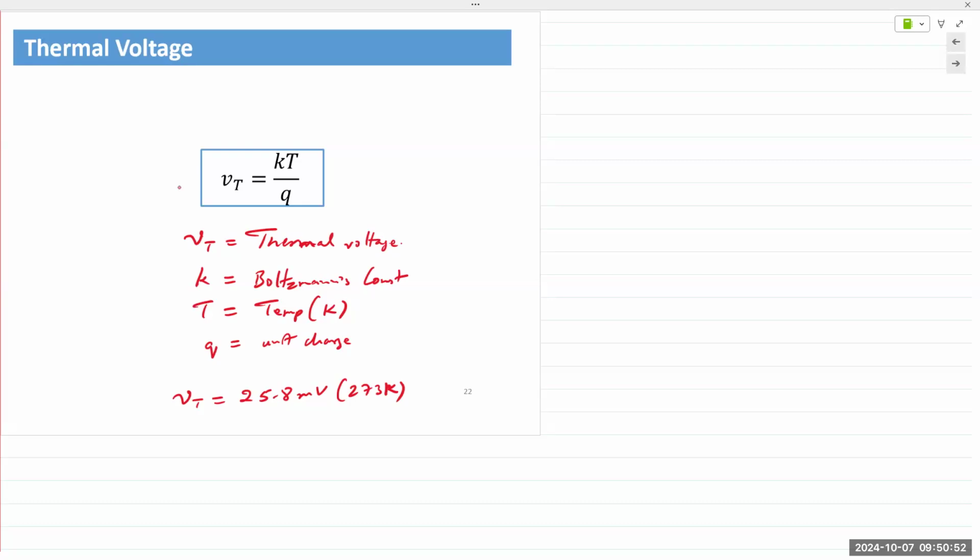So it's a thermal voltage that arises due to temperature. It's similar to the voltage that arises between two dissimilar metals due to temperature. 1 unit charge.